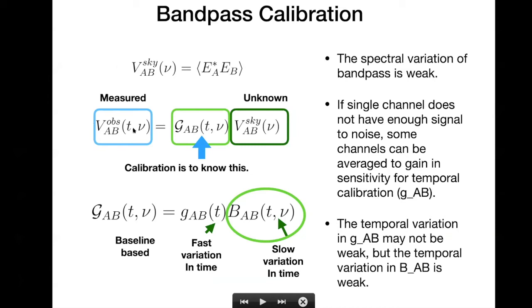The observed visibility, which is what you measure, is the unknown sky times the unknown gain, and that gain depends on both antenna A and antenna B. It has two parts. One is the variation in time, which is usually a little faster, and the bandpass variation, which is slower. So this gain has these two parts. This curly G is now a combination of everything that was sitting outside my measurement equation earlier.